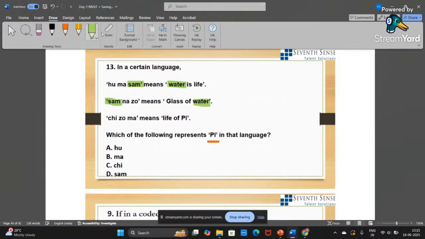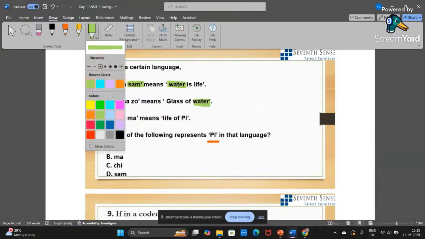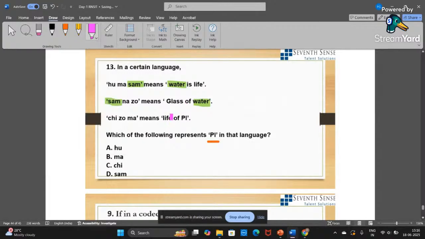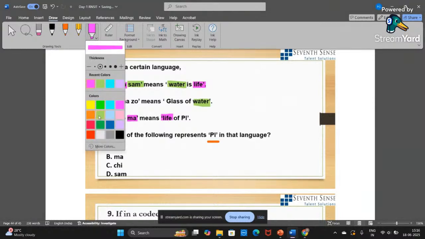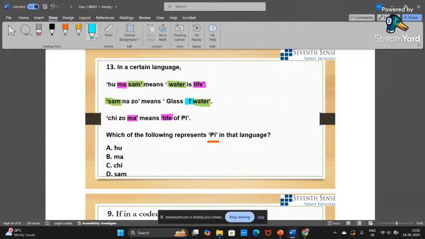Got it? Next. Life and life, the common word is ma. That means life means ma. Next, let us check for of, of. The common code word is zo.